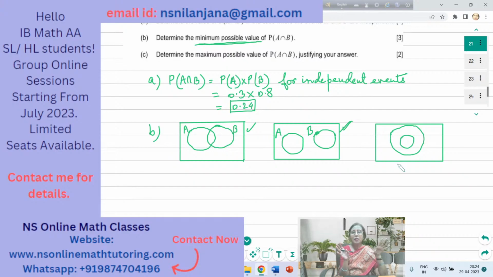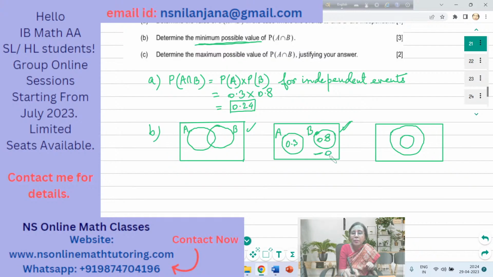So let us see whether we can have all these three possibilities for P of A equal to 0.3 and P of B equal to 0.8. Let us first of all start with the middle one. This is 0.3 and 0.8. The sum total of all the probabilities, of course, this part is not known.